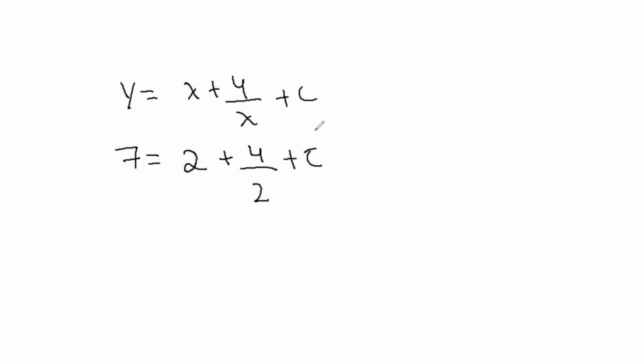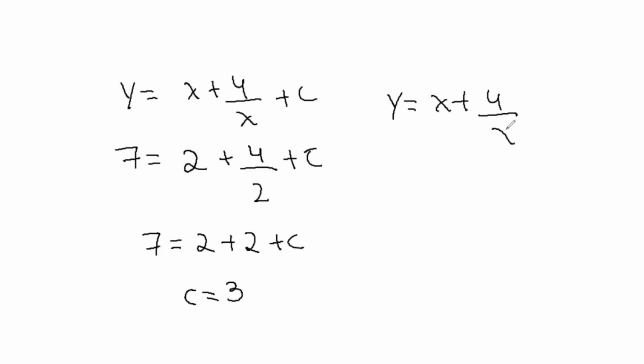And they're asking us to find the equation of the curve. So 7 is equal to 2 plus 2 plus c. So c is equal to 3. Now we know that the equation of the curve is y equals x plus 4 by x plus c. So we just substitute c as 3 and we get the equation of the curve.